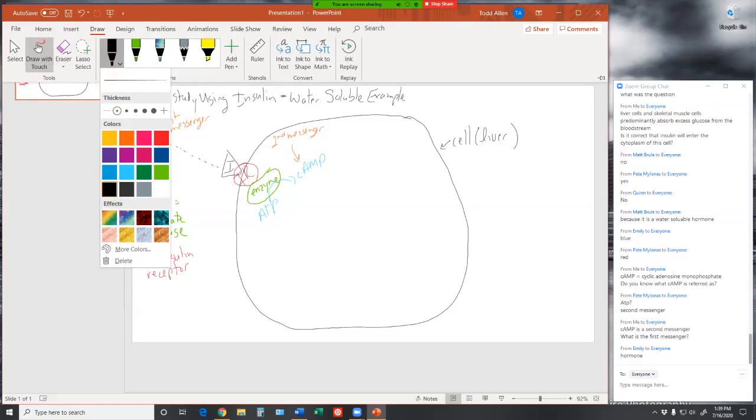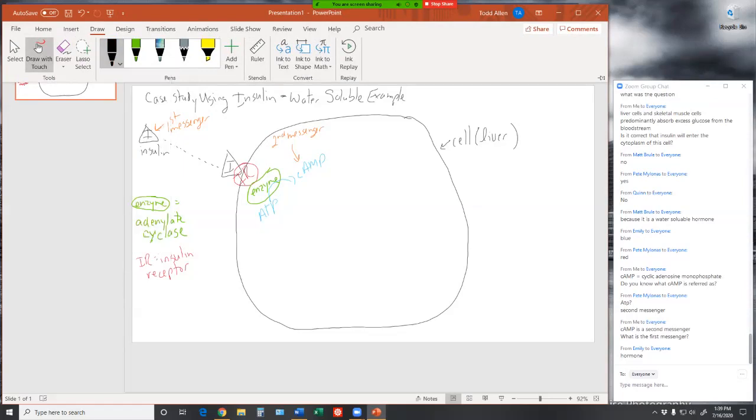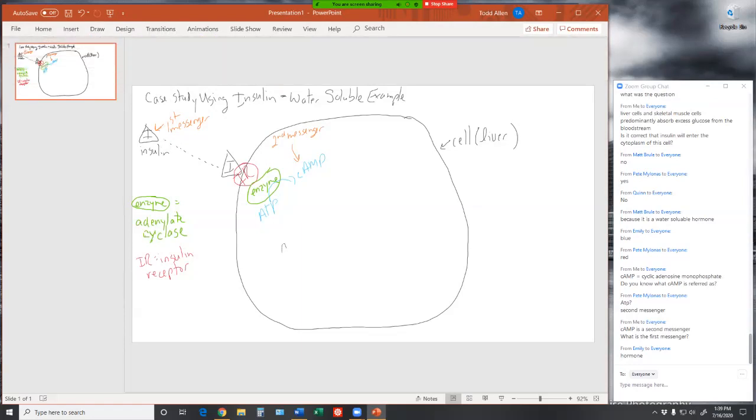Right now in the cytoplasm of this cell, I'm going to draw some molecules at random and just give them arbitrary designations like A and B and C and D. And I'm also going to put something out here, which is the GR for glucose receptor.